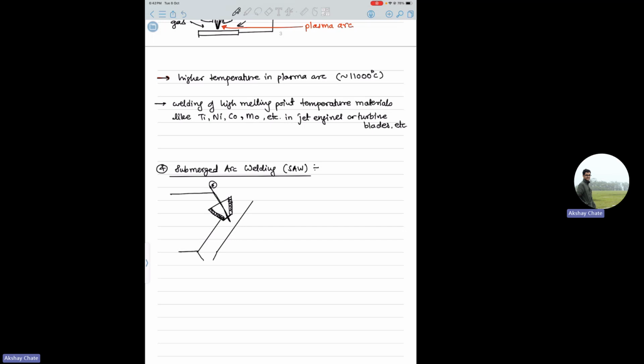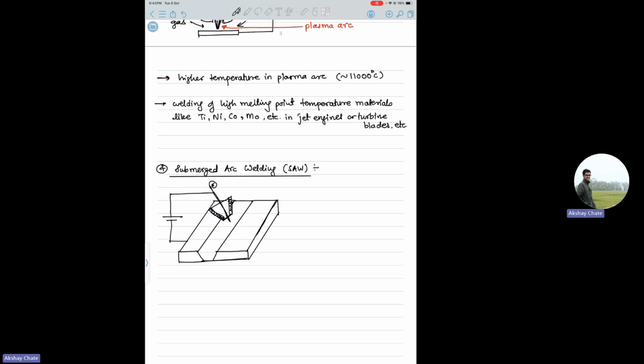So let's say it is something like this. And then you connect some power source between these two.